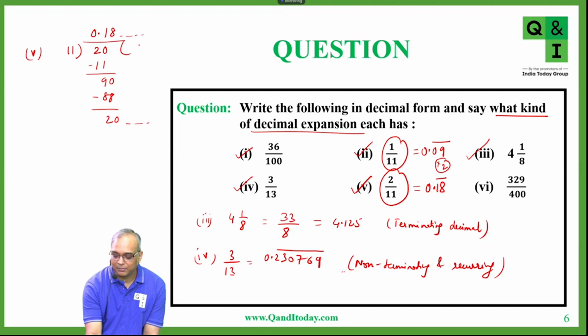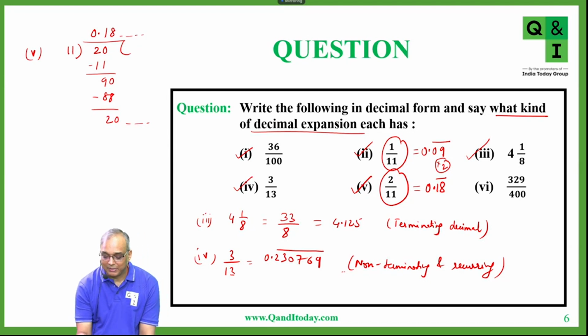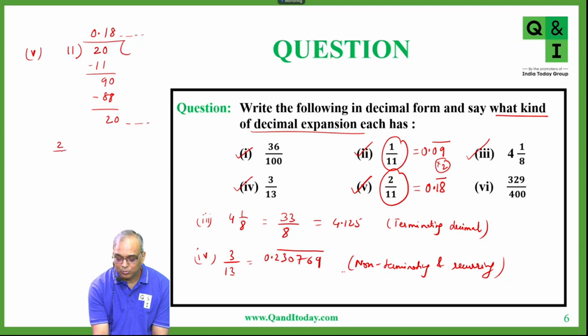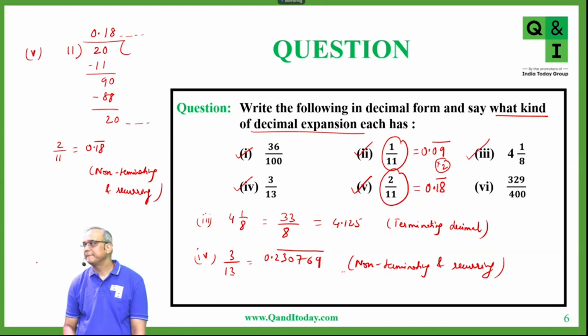So that means 2 by 11 is 0.18 bar and it is non-terminating and recurring. Clear, students? Have you understood this? Okay.